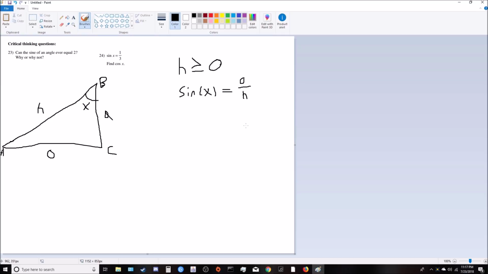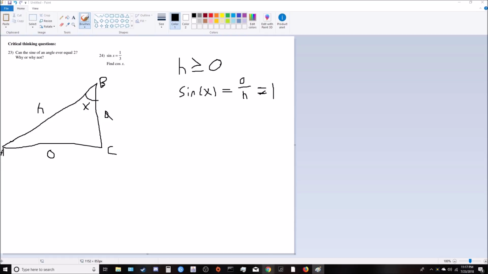But the best we can do in that regard is where the hypotenuse equals the opposite. And so if that's the case, then sine of x is just going to equal 1. And that is the maximum extent that sine of x can ever reach.